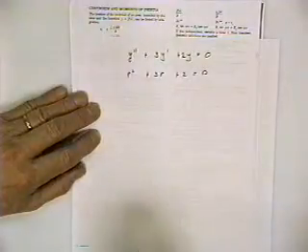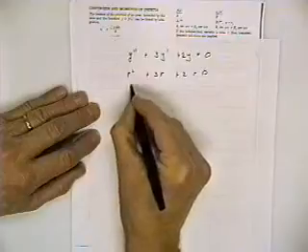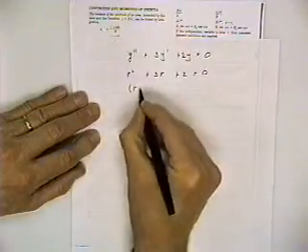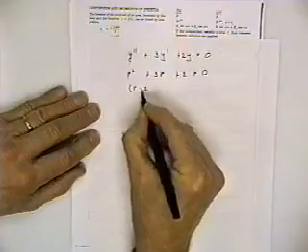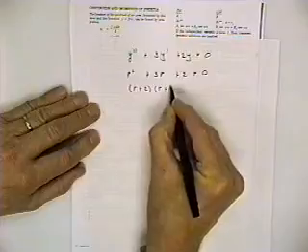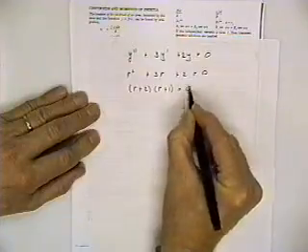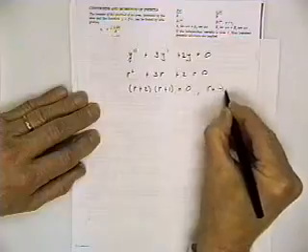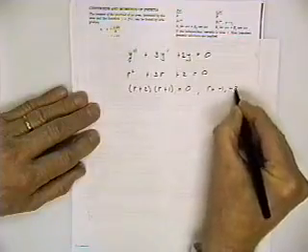Now this is an easy one, and I chose it that way because I want you to see how it works. It factors into r plus 2 times r plus 1 equals 0. And it gives me the results r equal minus 1 and minus 2.